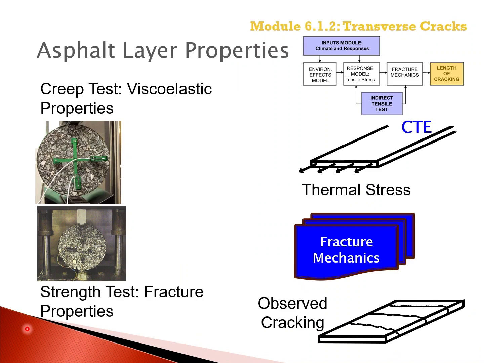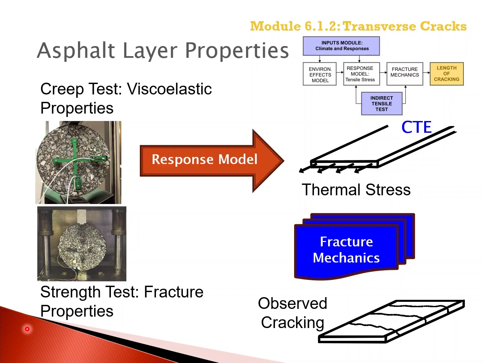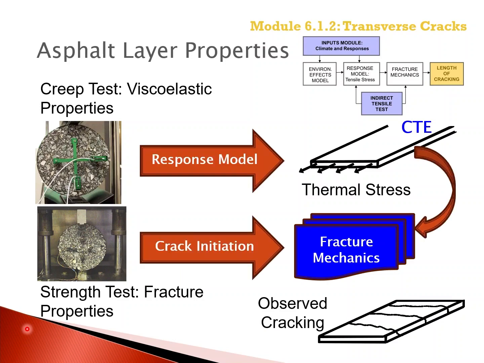This slide illustrates in a simplified form the flow for predicting the length of transverse cracks. The indirect tensile creep compliance test and the coefficient of thermal expansion and contraction are used to calculate the thermal stress using the temperatures from the enhanced integrated climatic model.